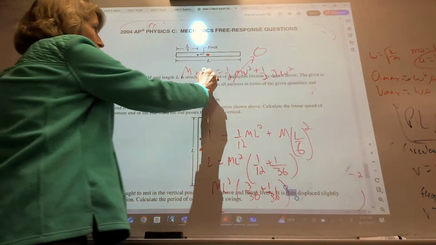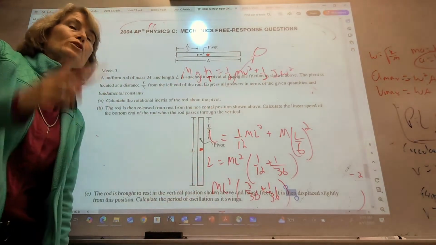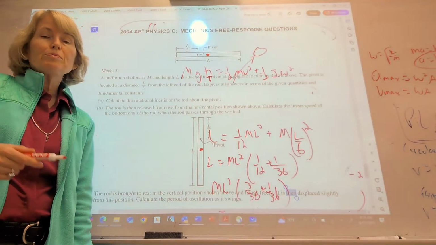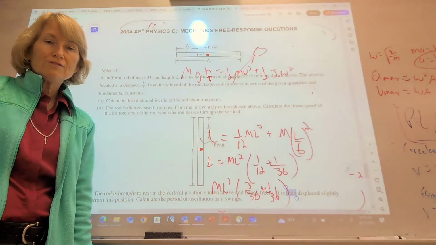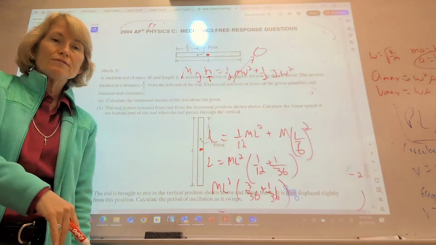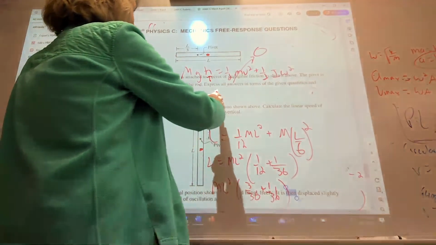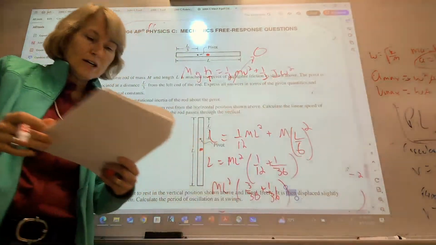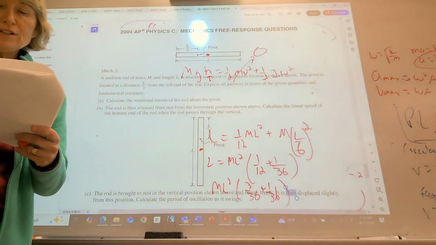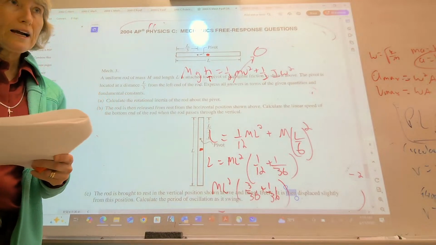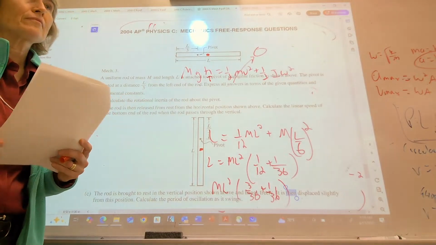That is your height. It's like when a meter stick falls, we would put it as mg times 50 centimeters because the center of mass dropped 50 centimeters. So you have to put how much the center of mass fell here, put in the I you got, substitute, and get rid of omega. You know how to get rid of omega? We're trying to solve for V, and that's in your pack. And then isolate your V.